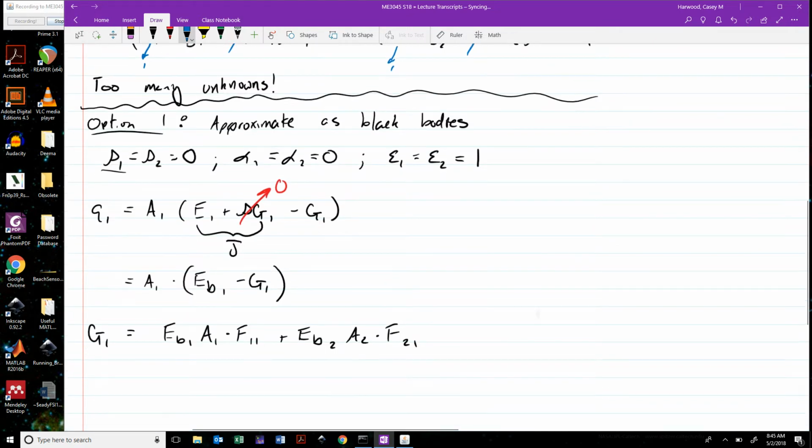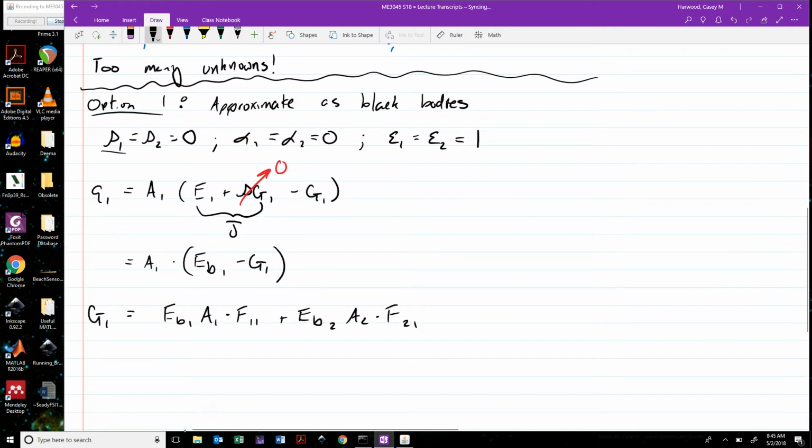So we could go ahead now and say that Q1, that is the heat transfer out of 1, that heat rate, is equal to A1 times black body radiation from 1 minus A1 EB1 F11 minus A2 EB2 F21.